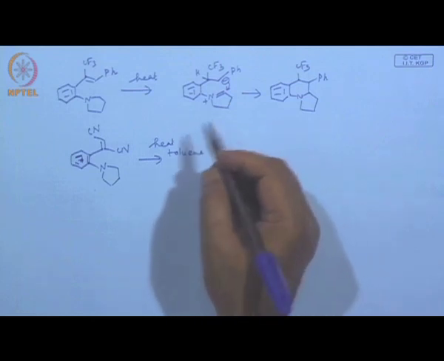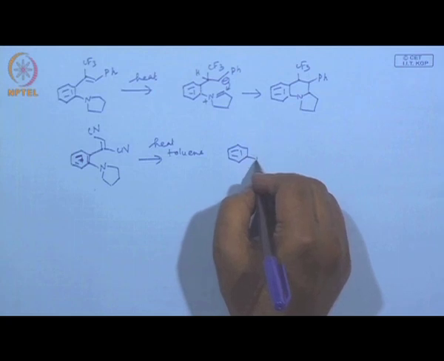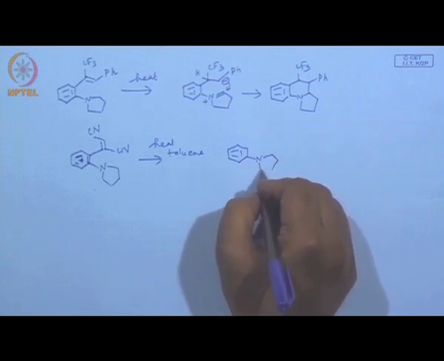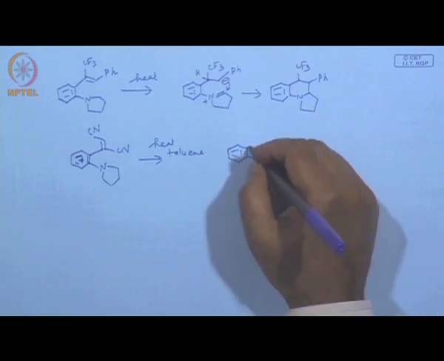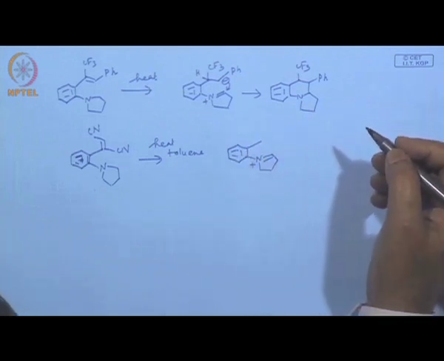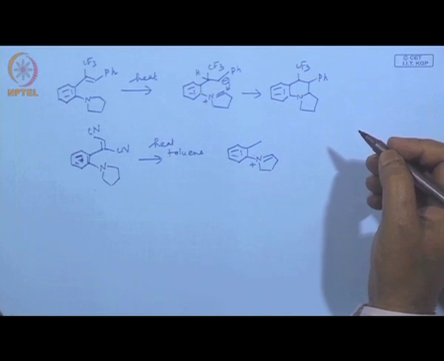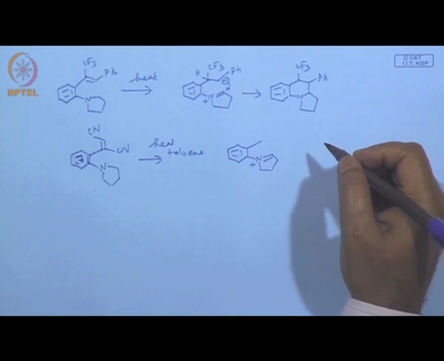So, to begin with, we can straightaway write the formation of this iminium ion, then hydride would be shifted. That is what we have to decide in this case. Which hydride would shift?